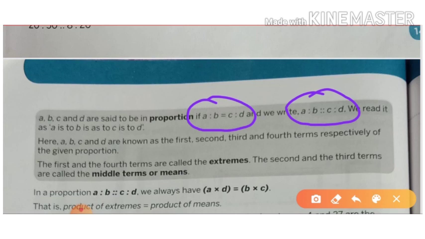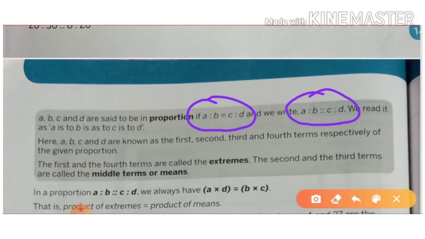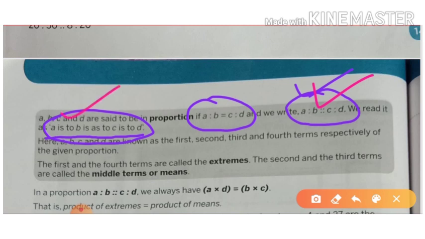Now how do we read it? We read as A:B is as to C:D. We read this one as this. A:B is as to C:D.